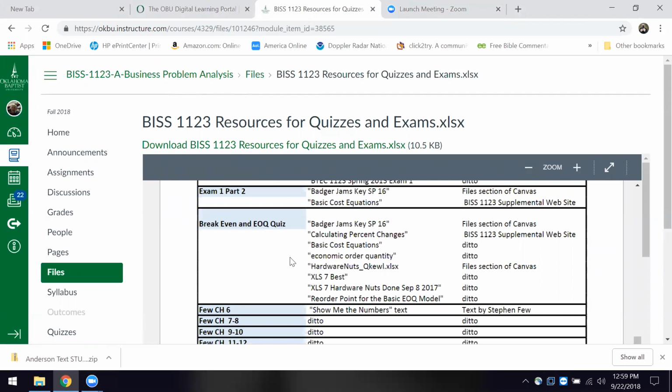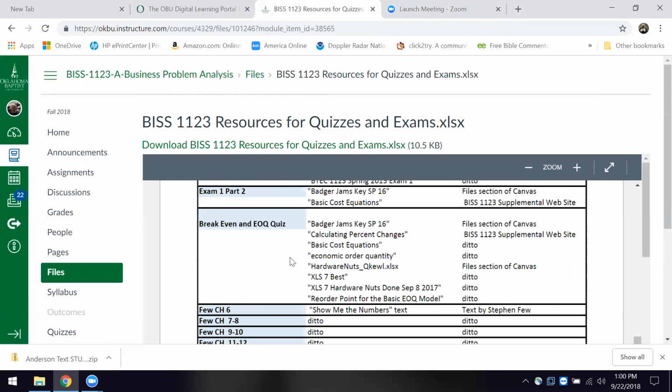You'll find the following files or resources there. Then we have the hardware nuts. That's in the files section, and we've got XLS7 best XLS7 hardware nuts done, and the order point for the EOQ model. And so some information there for us, because that deals with economic order quantity.